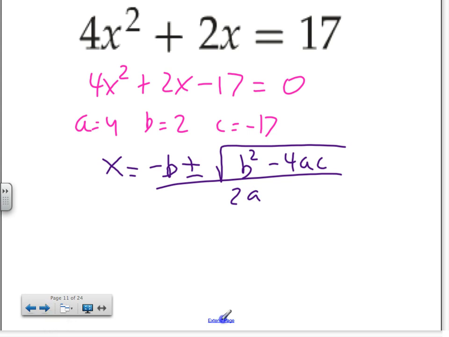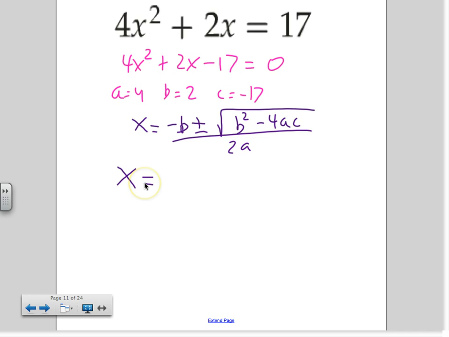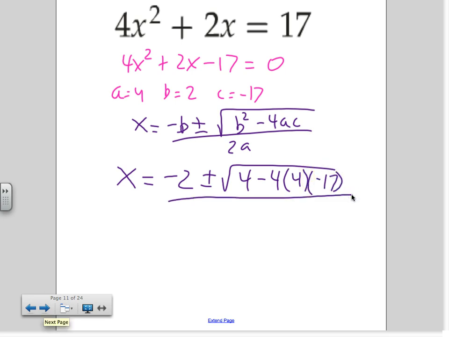Okay, moving on. X equals 2. What are you plugging in here? Negative 2, plus and minus. Inside here, B squared is going to become 4, minus 4 times A, which is 4, and C is negative 17. Everything over 2 times 4, which is 8. You know how I got the 8 in the bottom, right? What's 2 times A?